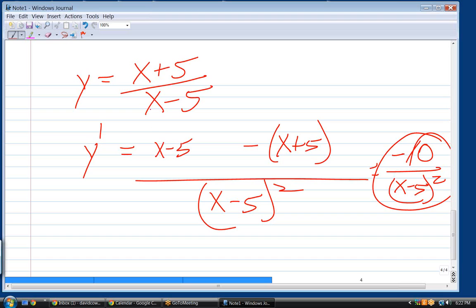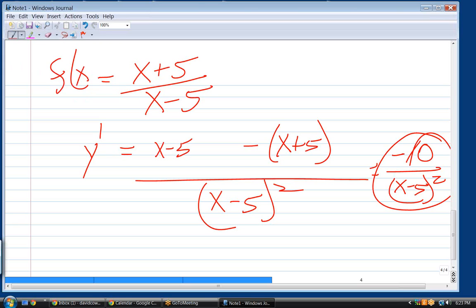And it said find the derivative of x. Well, what does that mean? Does that mean dy dx? I would guess so, because before each thing, like before the x plus 5 over x minus 5, it had the f of x, and it asked you to find f superscript 1 of x.